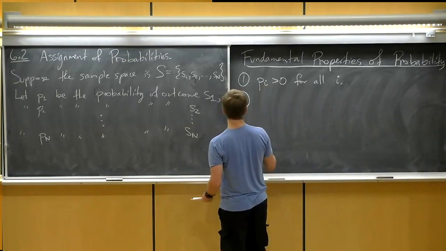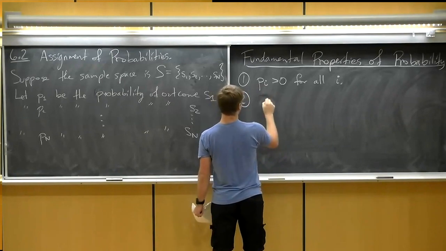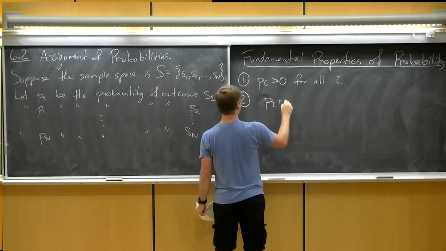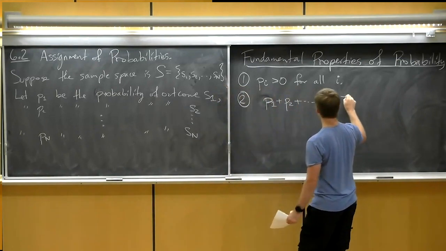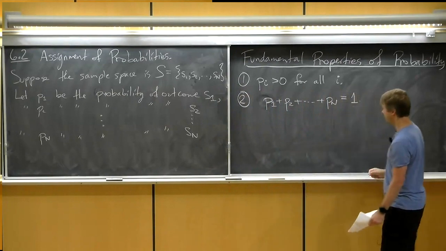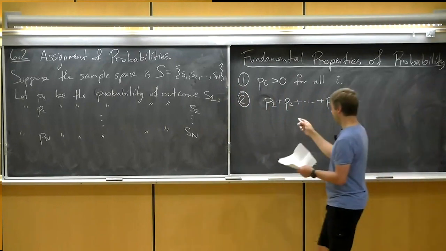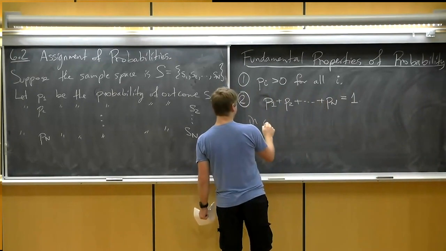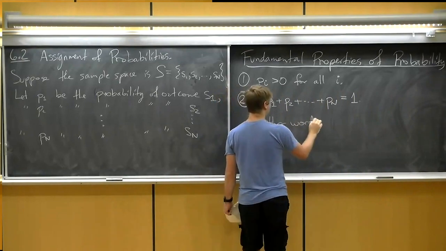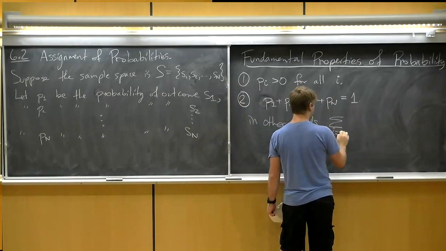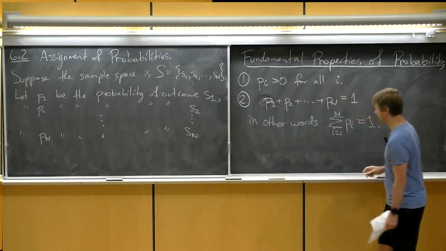And the second property is that if I add up P1 plus P2 all the way up to Pn, it should equal 1. Or in other words, if you like summation notation, the sum from i equals 1 to n of Pi should equal 1.